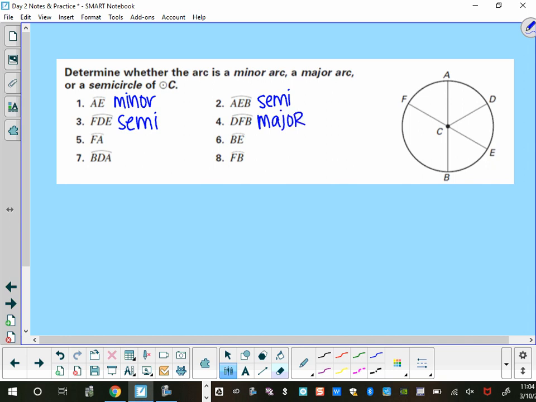Number 5 was minor. Number 6 was minor. Number 7 was semi. And number 8 was minor. Even if you didn't get this far, you can still copy it down so you can go back and practice and check it later.